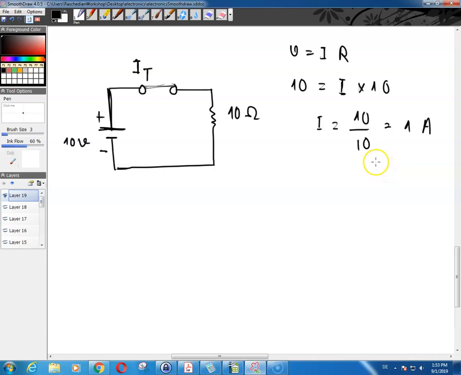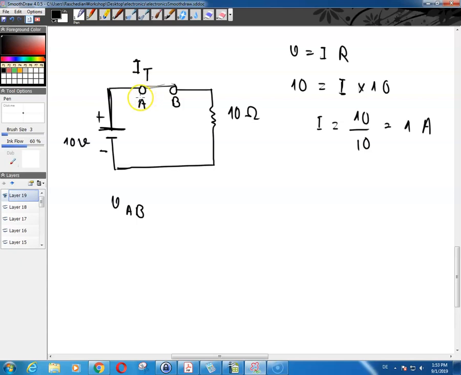So basically the current is 1 amp. Now, what is the voltage drop at point A and point B, V of AB with respect to ground?